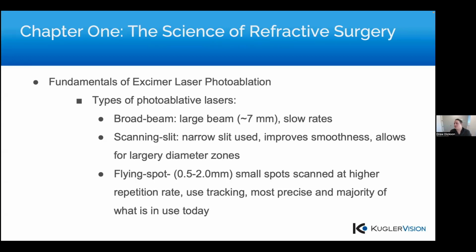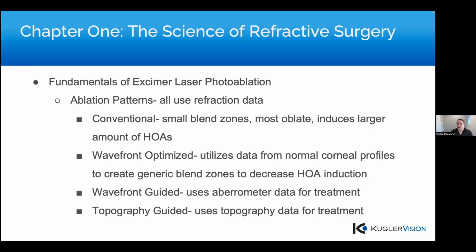Most modern lasers today use flying spot technology, where instead of a big broad beam doing the entire treatment, there are many smaller spots doing ablations, which is more precise and causes fewer complications than the broad beam technology used initially. So one last slide on this and we'll move on to the next chapter.